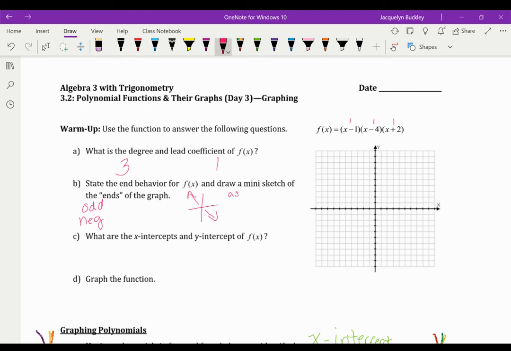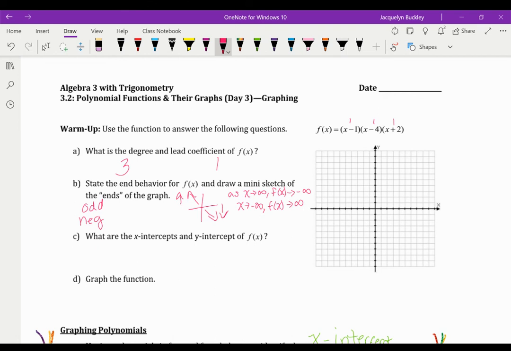And as x approaches positive infinity, my function approaches negative infinity because it's coming down. And as x approaches negative infinity, my function approaches positive infinity because it's coming up.